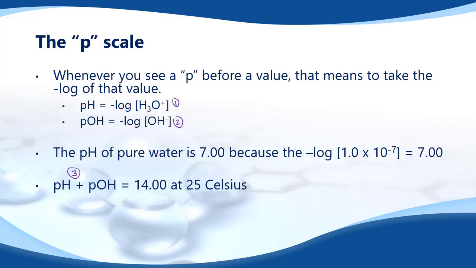So that's one way we're going to be able to convert between them. If you have a strong acid or a strong base, all you do is take the negative log of the concentration, and that gets you pH or pOH, depending on whether it's an acid or a base.